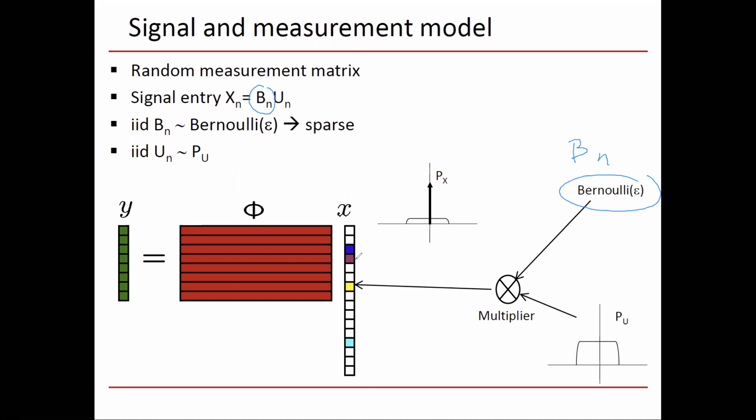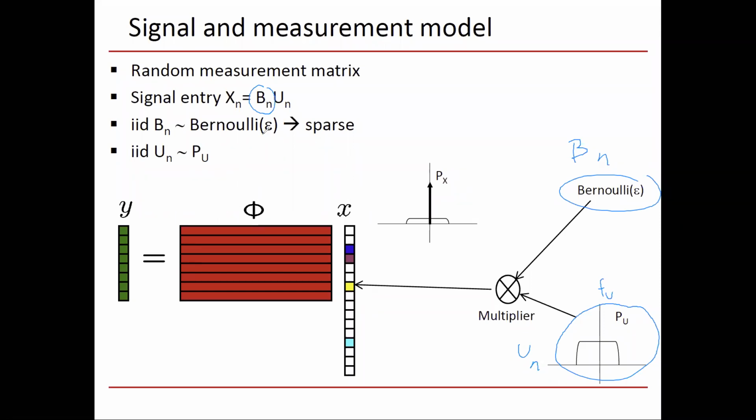And u_n will be distributed according to a probability density function, p_u or f_u, whatever notation you prefer. u_n will be multiplied by b_n, giving us this orange box. Note that in the past I did blue boxes and white boxes, and here I'm doing colored boxes because the actual non-zeros are going to get different values as determined by u_n, and u_n is driven by this distribution. And the b_n's are i.i.d.